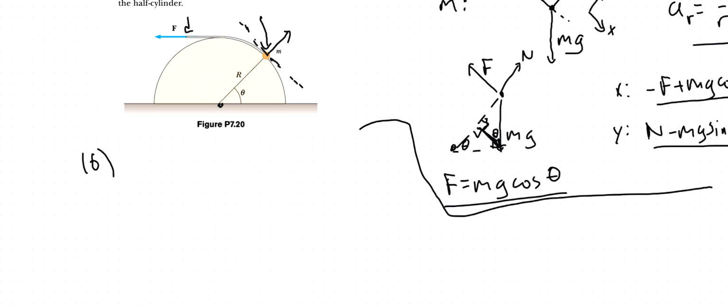We have a force which is in the so-called tangential direction, but we can actually think of this as a polar system. So we can use a polar coordinate system. We will use a polar coordinate system.